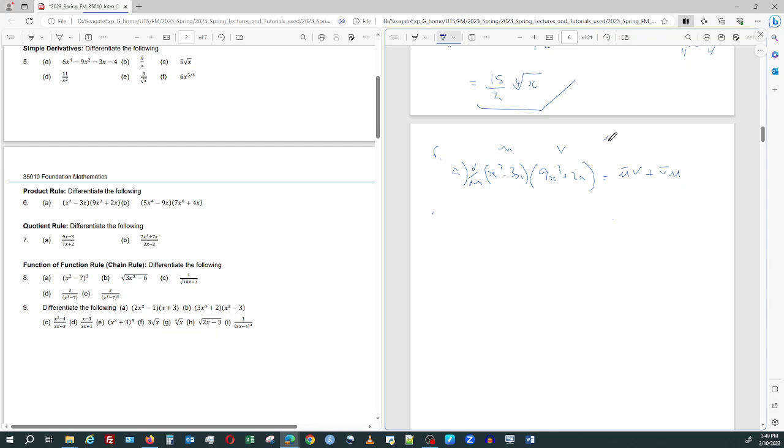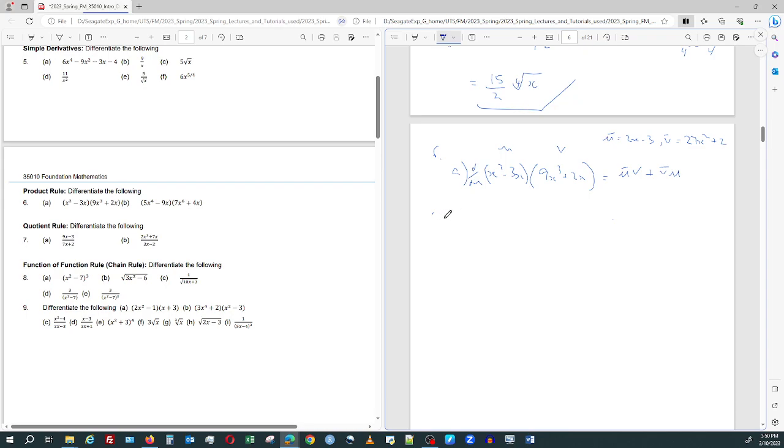So u dash is equal to 2x minus 3, that's that term. And v dash is equal to 3 9s are 27x squared plus 2. 27x squared plus 2.